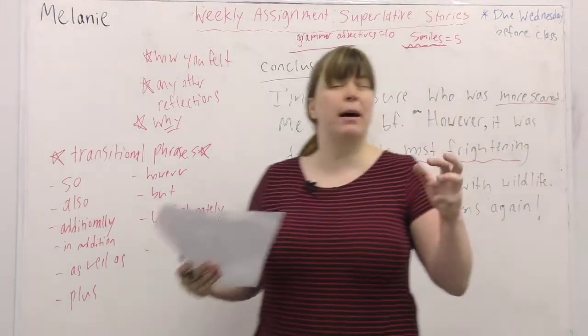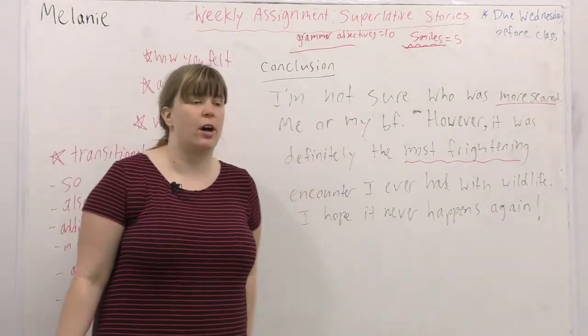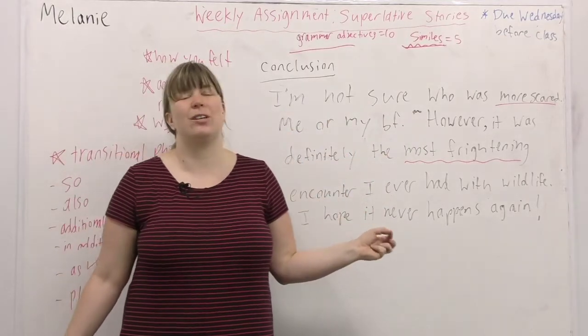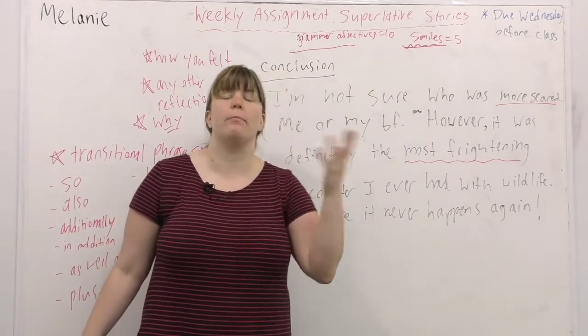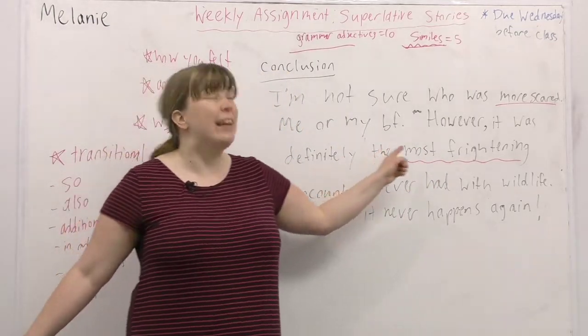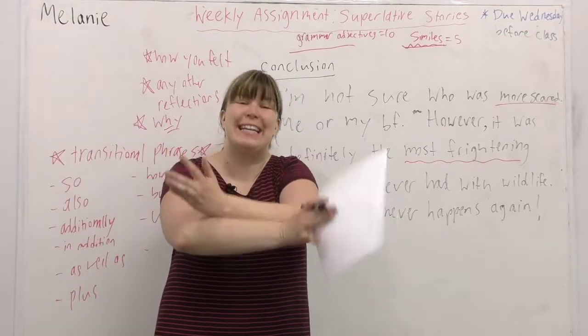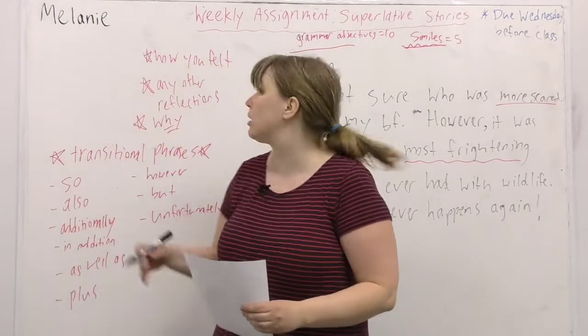Okay, so that's my conclusion. So I basically just kind of close it off by talking about maybe how I felt. So I kind of talked about, I don't know who is more scared, me or my husband, but it was really scary. I don't want it to happen ever again. Okay, so that is what a conclusion could look like.